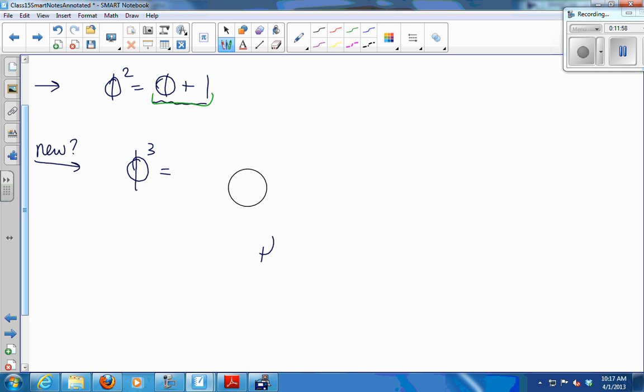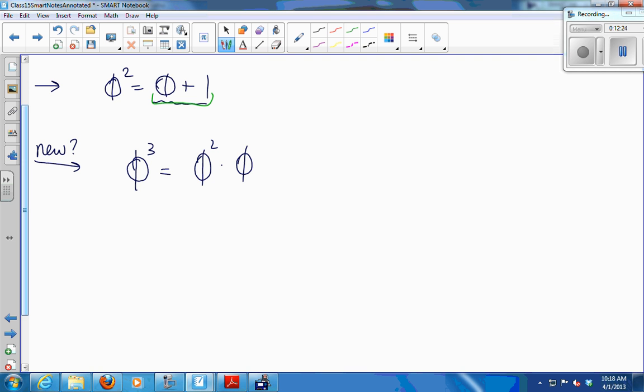So in my original equation, write it again. Okay, so this came from my imagination. I said if I want to know what phi cubed is, well, I could multiply phi squared times phi, because I could use the property of exponents that says add the exponents, right? I said I'm trying to figure out what phi cubed is.